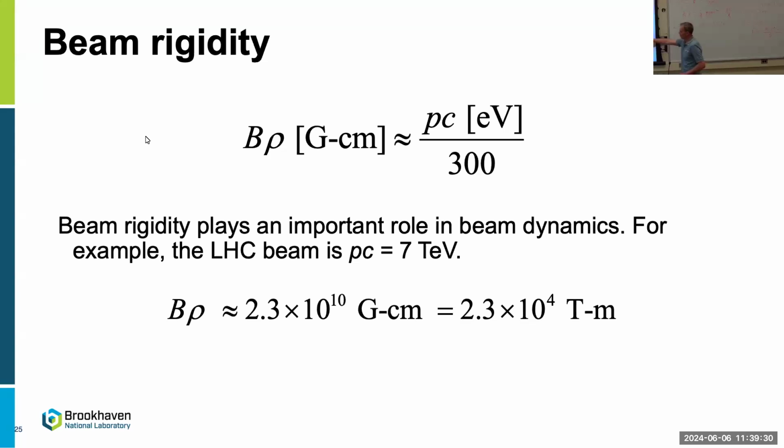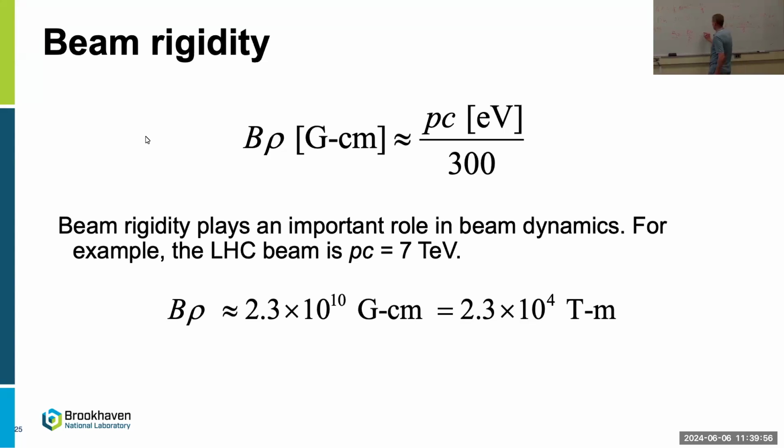And how do you now use this expression? I take 2.3 times 10 to the 4. So B, the magnetic field in the dipole, equals B rho divided by R. B rho is, by the way, two letters. That's what rigidity is. We just call it B rho.